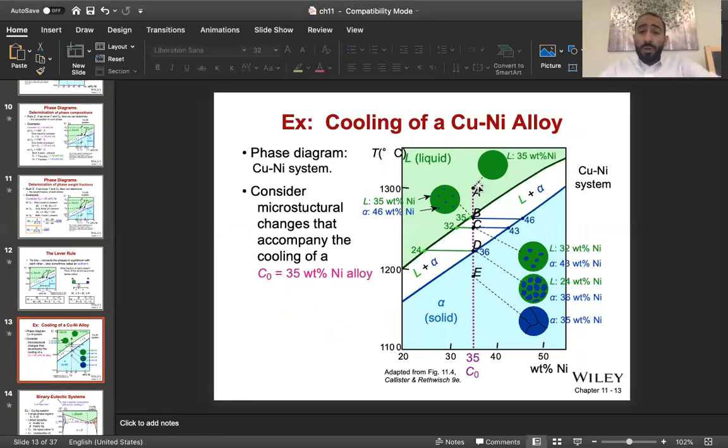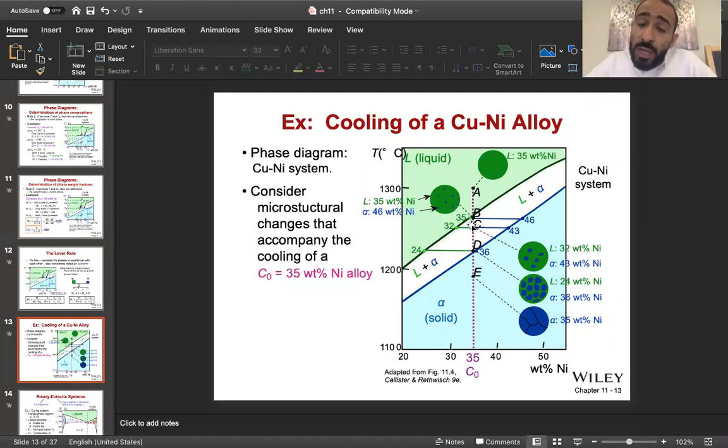So if you are at point A, you have a single phase, which is the liquid phase. The composition is around 35% nickel. If you start to cool down, once you hit the liquidus line, at point B, you start to nucleate the solid phase, right? You see the blue dots over here representing the solid phase.